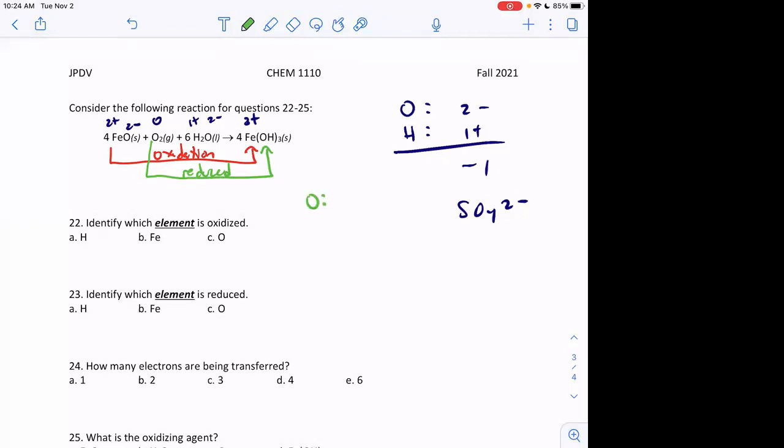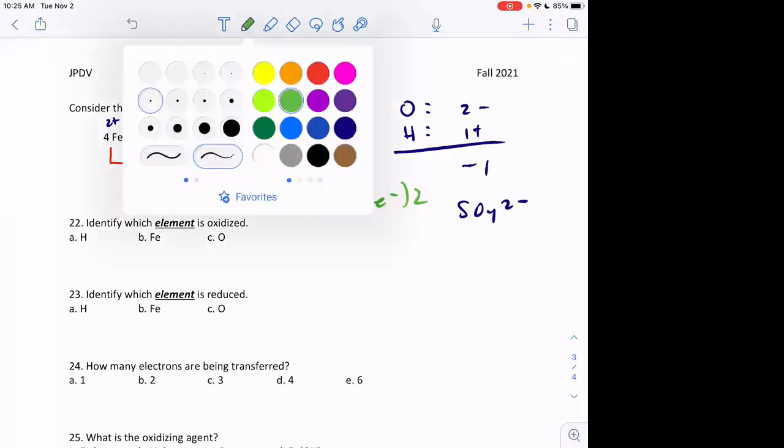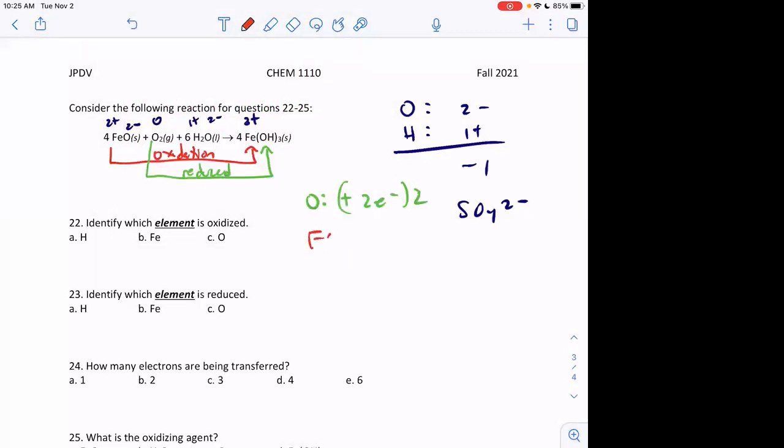Oxygen has added 2 electrons, and there's 2 of them, right? So that's 4 electrons being transferred. And iron has lost 1 electron, right? And there's 4 of them.